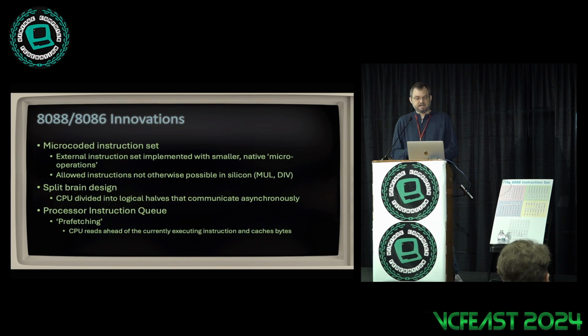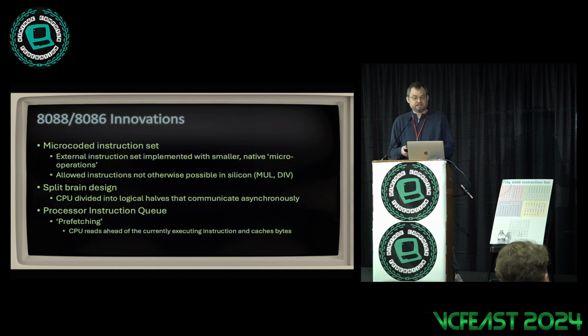And these chips had some pretty big innovations. I couldn't find evidence that they were the first chips to have all these, but they were at least one of the first. The 8088 has a microcoded instruction set. What that means is that the externally observable instructions are actually implemented with smaller, more atomic operations encoded in ROM.